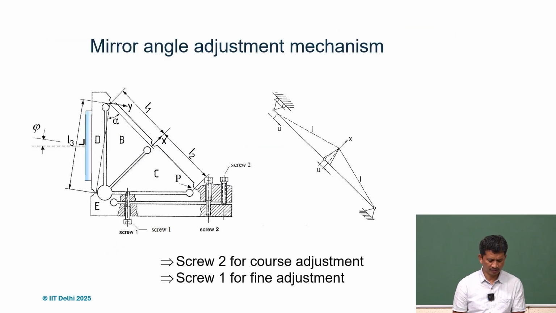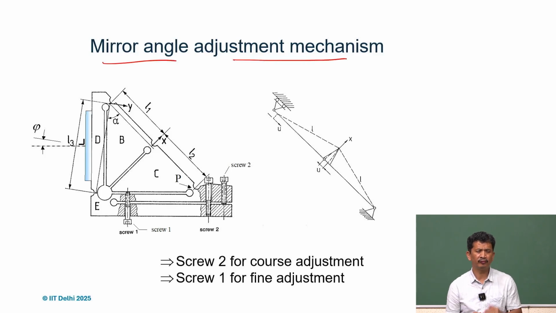There are similar requirements. For instance, if you want to steer a mirror, and suppose you want to point your lasers to a particular location and control it precisely, you can also think of this kind of mechanism. It's from the book again, but very nice, and you can see whole flexures here, based on this principle.